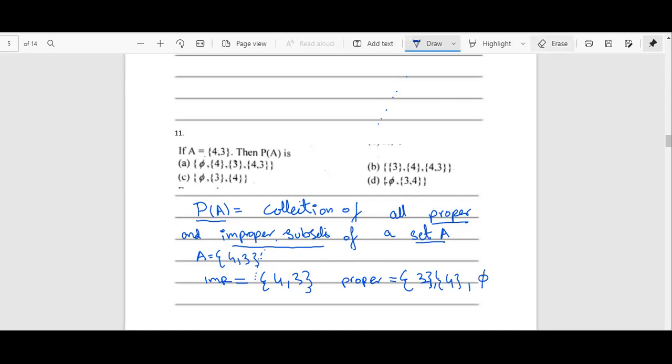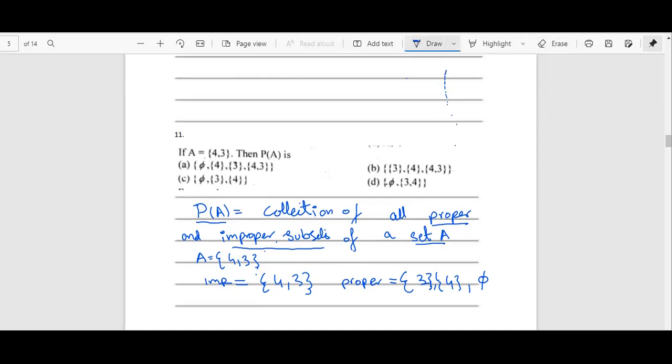Since power set is defined as the collection of all proper and improper subsets, if we have 4 and 3 in a set, we are going to have 3 as a proper subset, 4 as a proper subset, and the null set as a proper subset. For the improper subset, we have the set as it is, that is 4, 3.